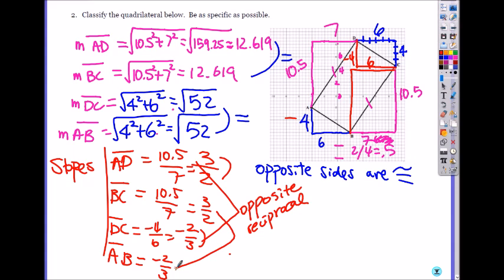That means they are all perpendicular. So this is perpendicular, opposite reciprocal, opposite reciprocal, opposite reciprocal, and opposite reciprocal. So they are all 90. So you can say all 4 perpendicular angles. Therefore, it is a rectangle.